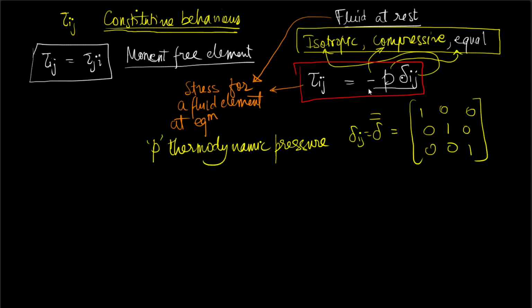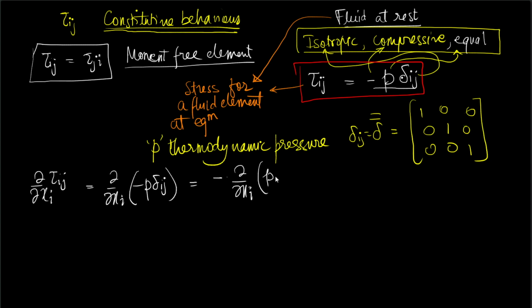Alright, but before going into that, let us quickly look at what the divergence of this particular form will be. It will be del del xi of minus P delta ij. The minus comes outside, del del xi of P delta ij. Now the property of delta ij is such that it is equal to 1 when i equals j, and equal to 0 when i is not equal to j.